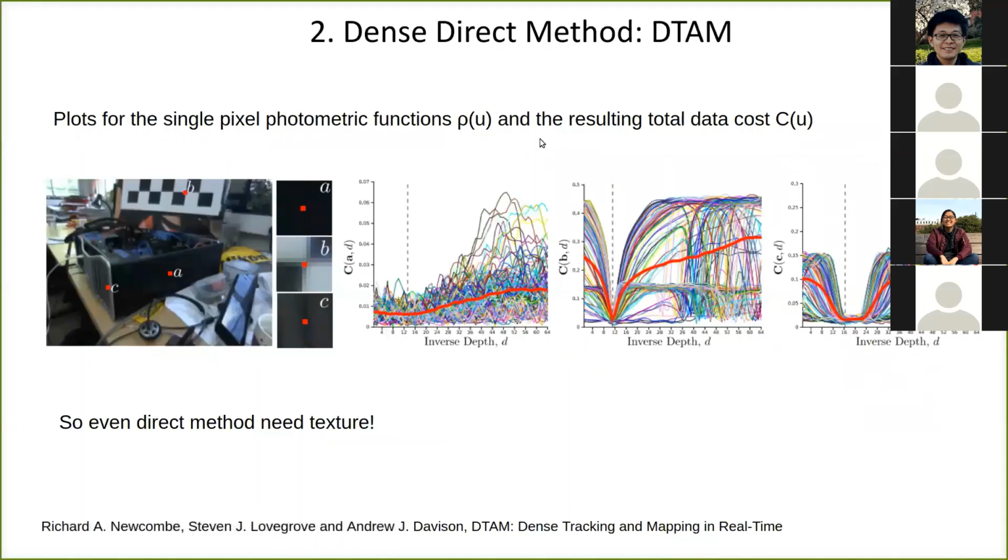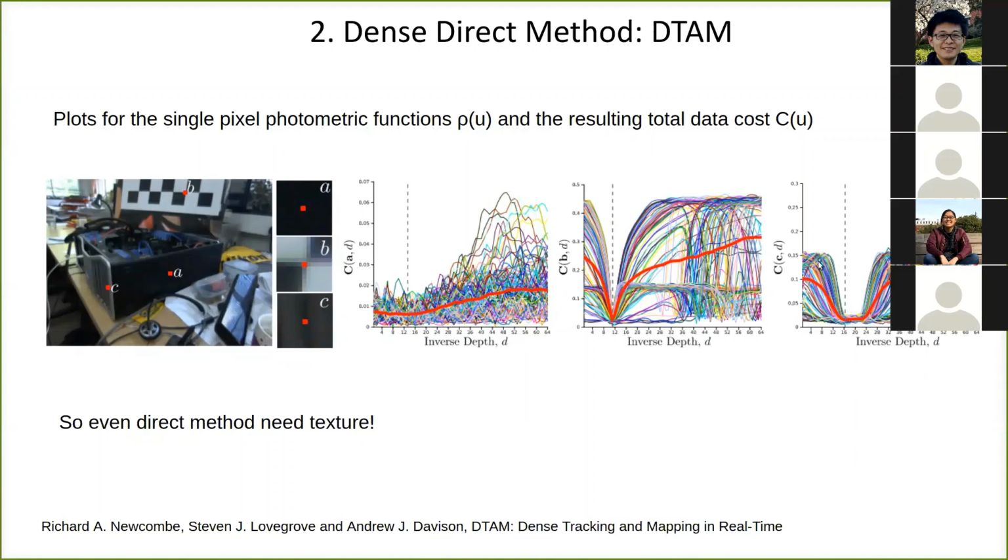So yeah, this is an interesting observation about DTAM. We can show it here. It takes samples from 3 different positions, A, B, and C. At A, there is no texture. B is a corner, and C is an edge.